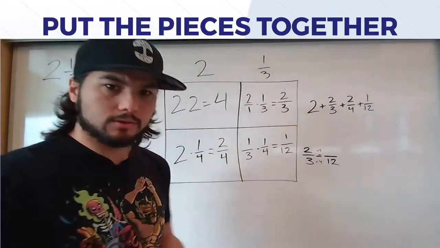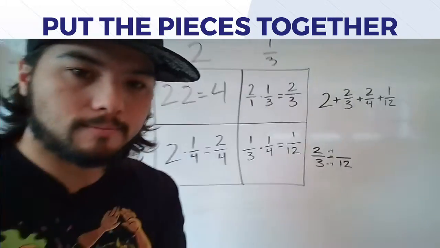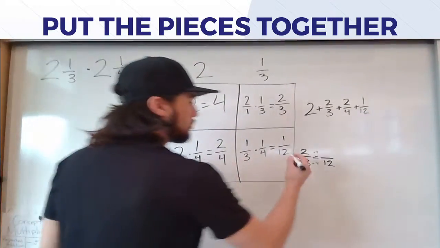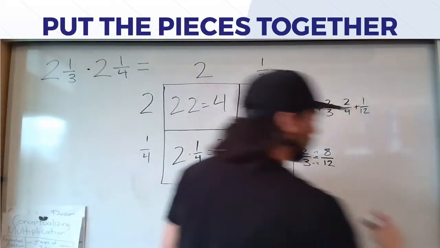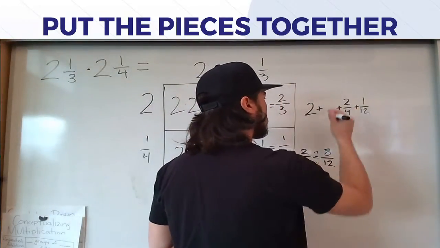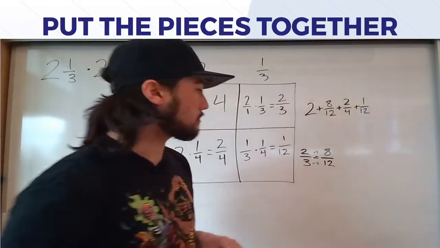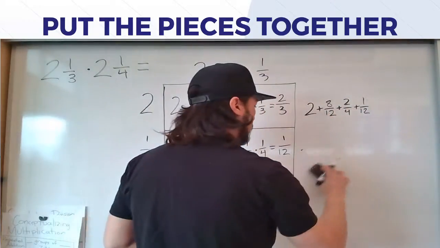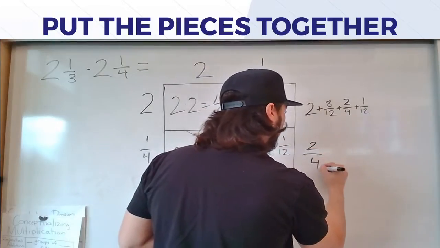It's very, very tiny, so you can't see. Zoop! There it is. 2 times 4 is 8. So we can erase and replace our 2/3 with 8/12. Okay? Then 2/4 equals how many twelfths?